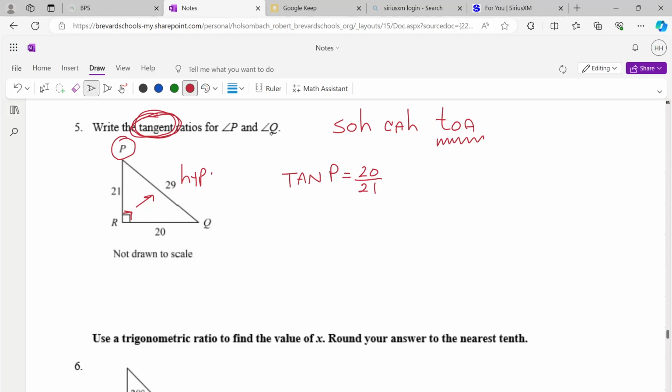You need tangent of angle Q. So tan Q is equal to opposite of Q is 21. Adjacent to Q is 20. Now, these are both in simplest form. When you take your quiz tomorrow, make sure that you always simplify these fractions as best you can.